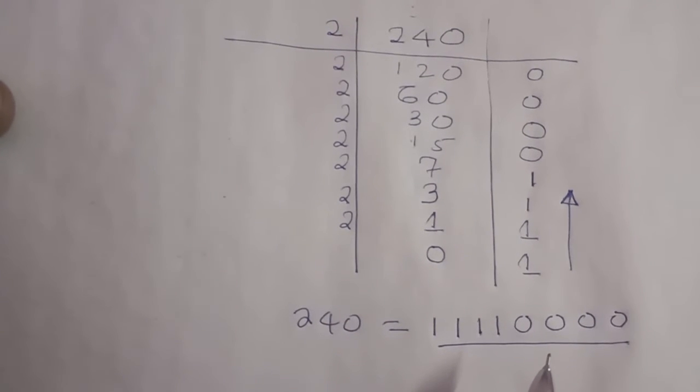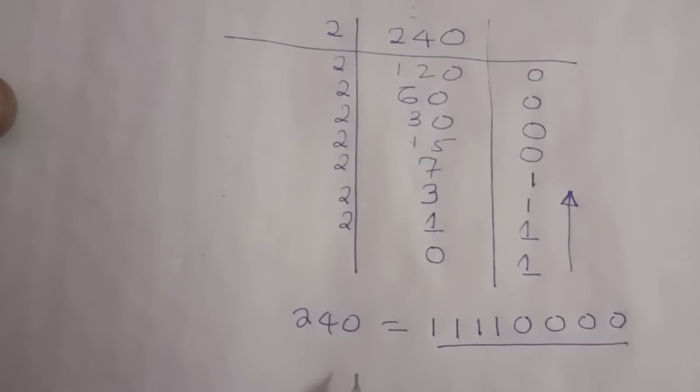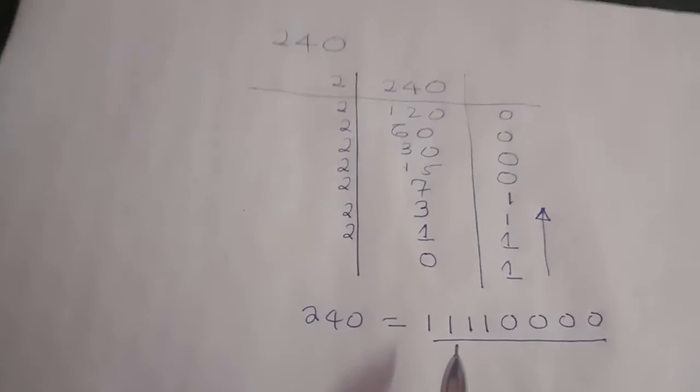Okay, now let's check how we can change binary numbers into a decimal number. Let's consider the same number.